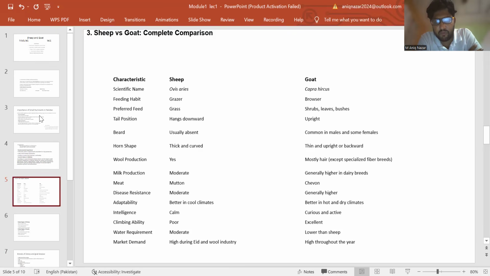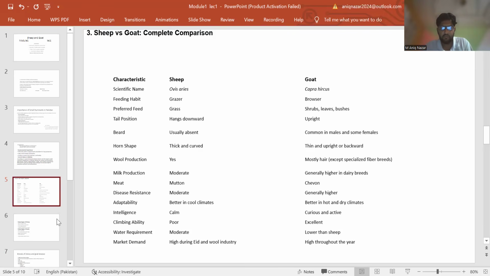Climbing ability of sheep is poor as it is heavy, while goat is excellent. Water requirement: sheep has moderate, while goat is lower than sheep, but in some grades it is high.